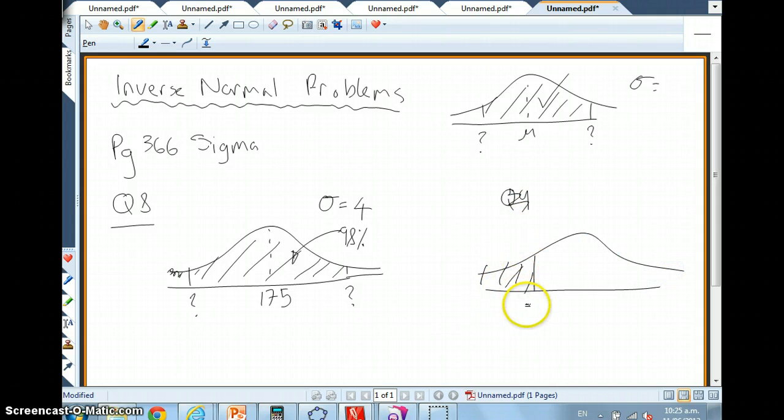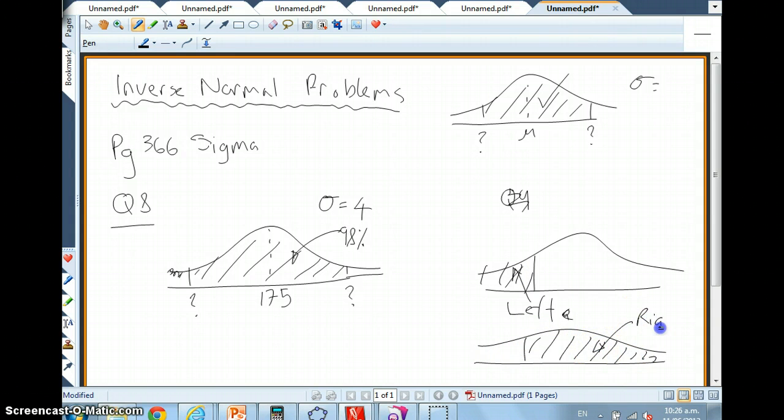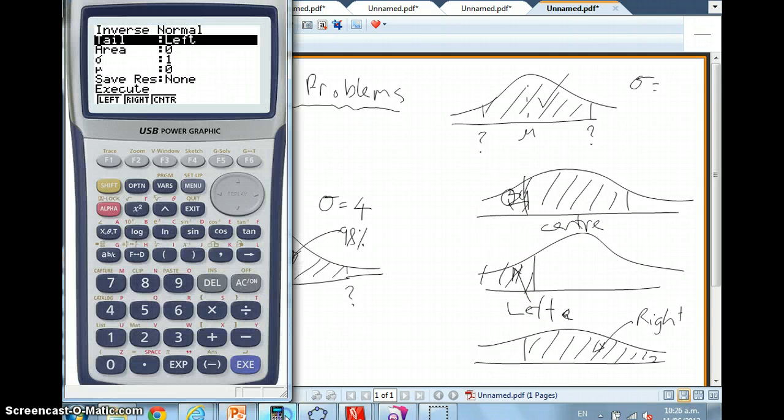This would be a left problem, as opposed to a right problem, as opposed to a centre problem, which is the one that we're doing now. So the first thing to do is click centre or central.